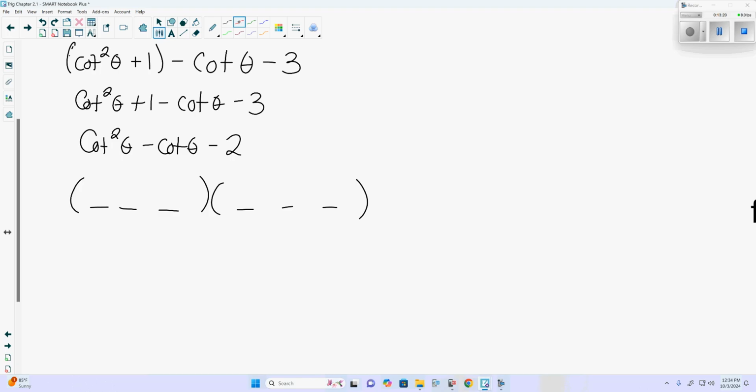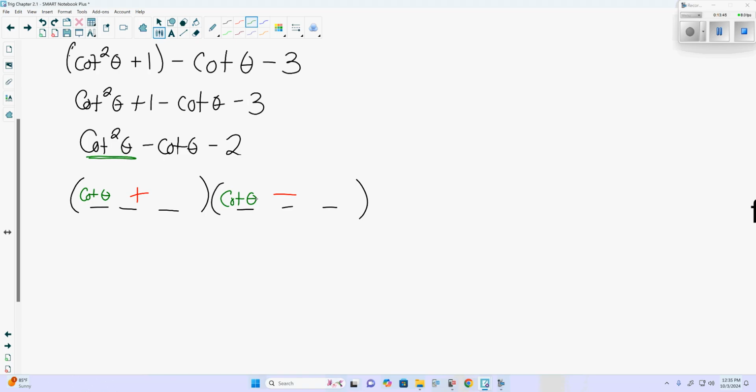If the third term is positive, the signs are the same and match the sign of the middle term. If the third term is negative, our signs are opposite. Here, the third term is negative, so we're going to have plus and minus. The only factors for cotangent squared are, well, cotangent and cotangent. Only ones we got.